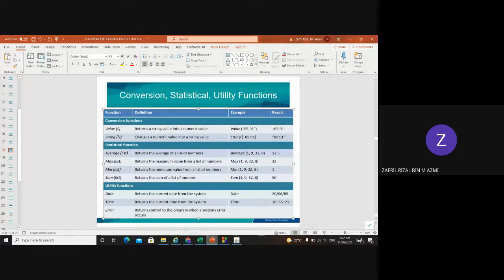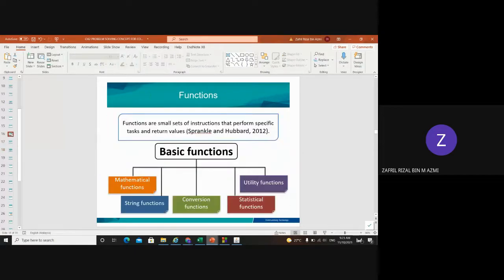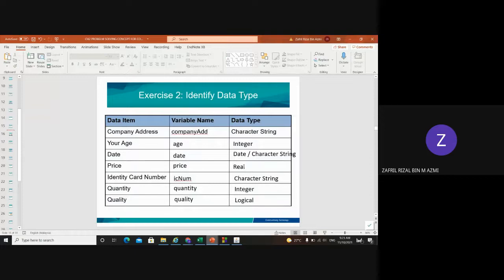Okay, this is vice versa. You have a numeric value and you want to convert it to a string value, so you call the string function and you put the value over here. The value can be a straight value or a variable. For example, we have the variable price, which is real.